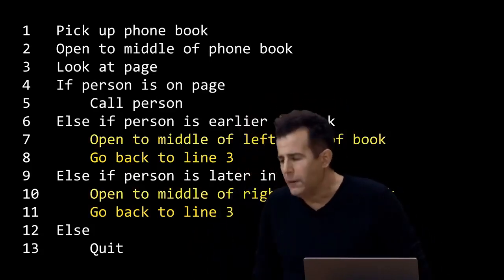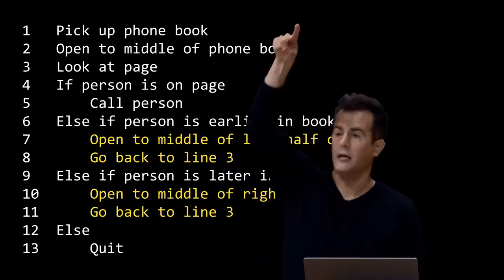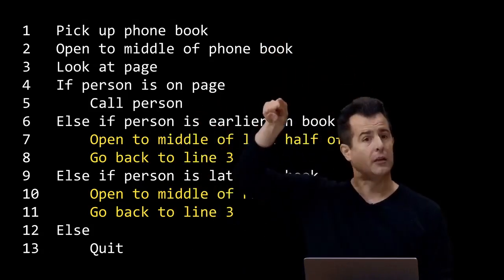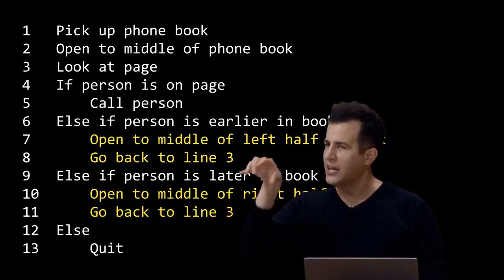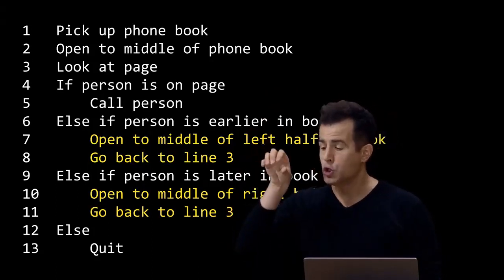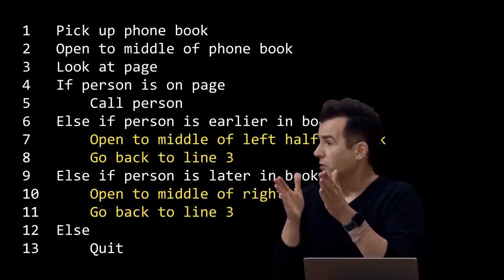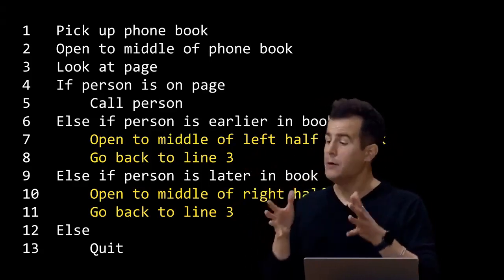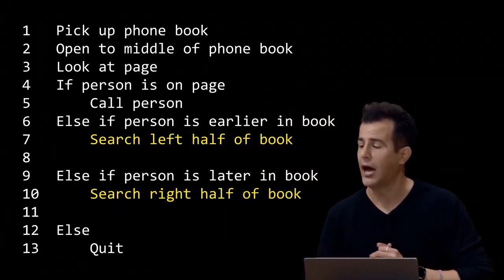Instead of saying open to middle of left half of book and then go back to line 3, like literally inducing a loop, or open to middle of right half of book and go back to line 3, inducing another loop, why don't I just recognize that what I'm staring at now is an algorithm for searching a phone book? And if you want to search a smaller phone book, like A through M or N through Z, we'll just use this same algorithm. So I can replace these yellow lines with just this, casually speaking.